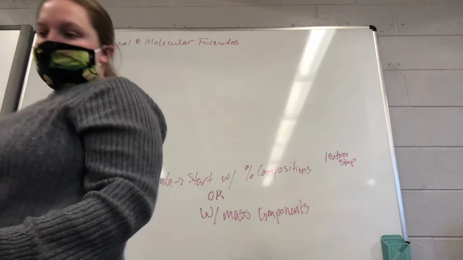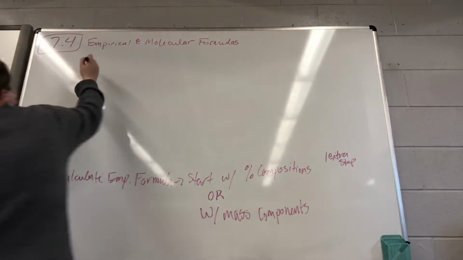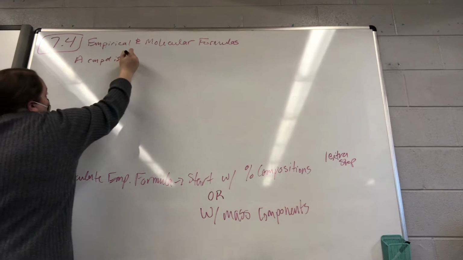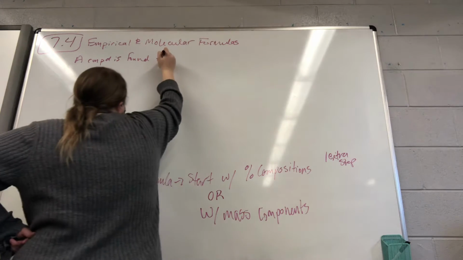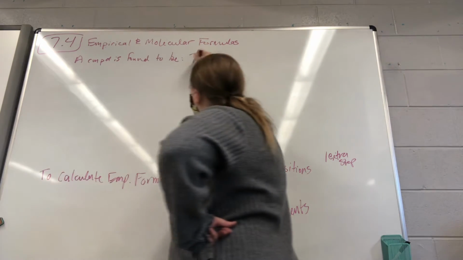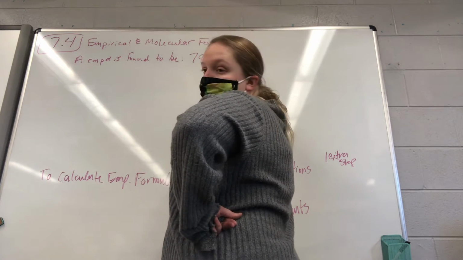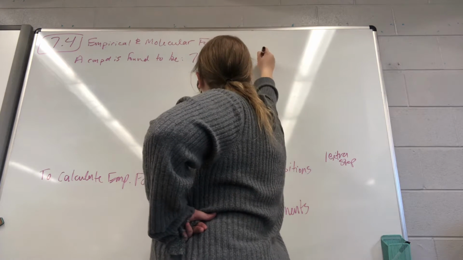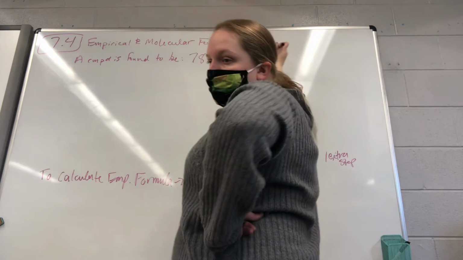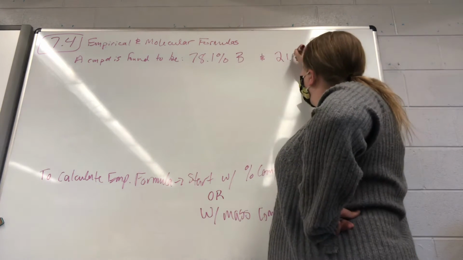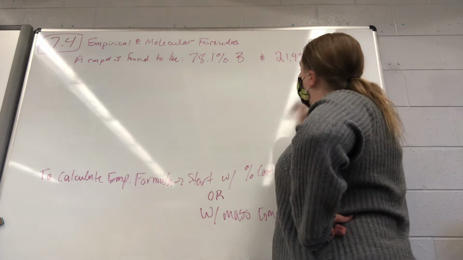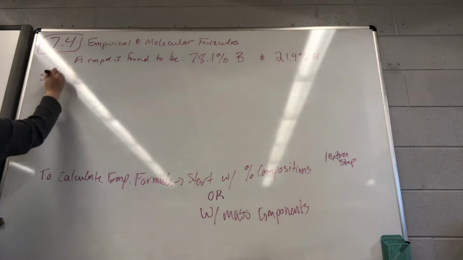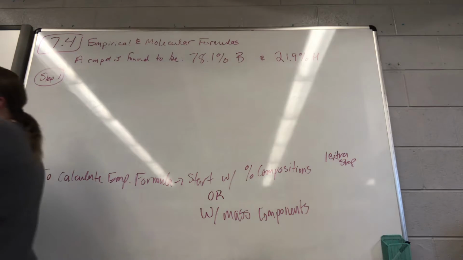So let's look at an example. 21.9% hydrogen. Okay. This is the extra step I was talking about.